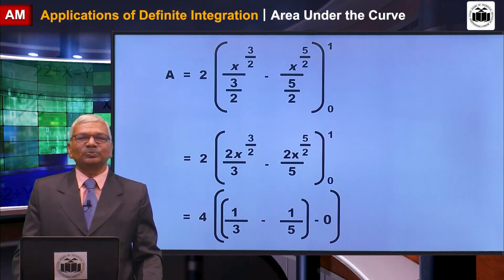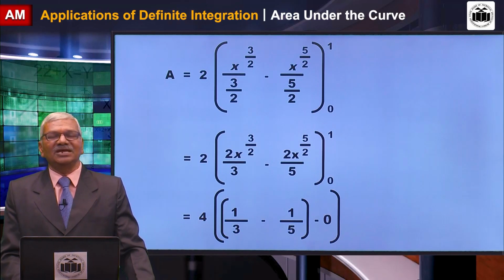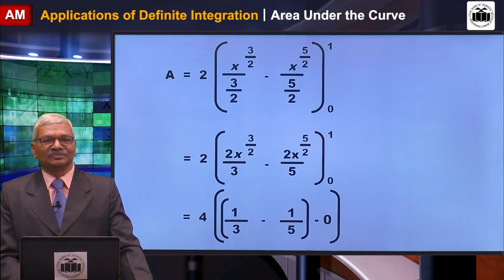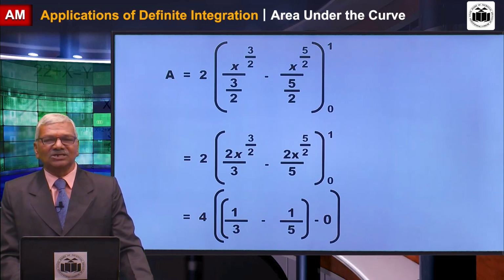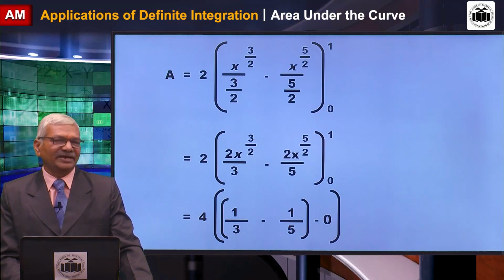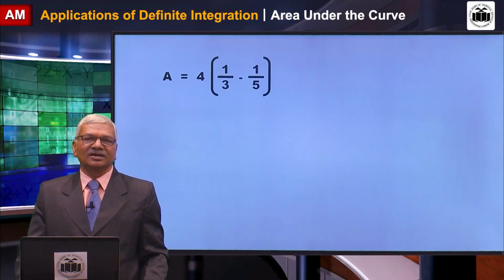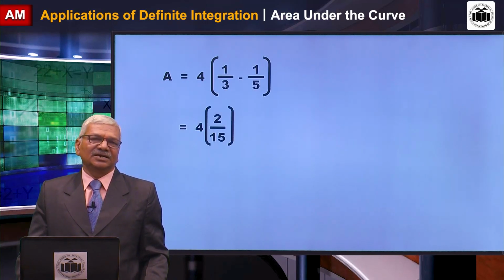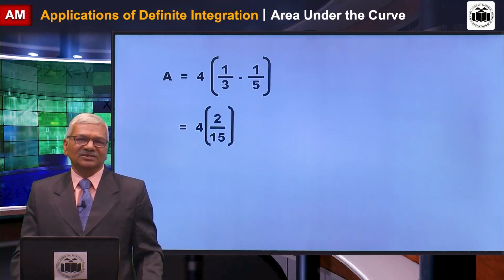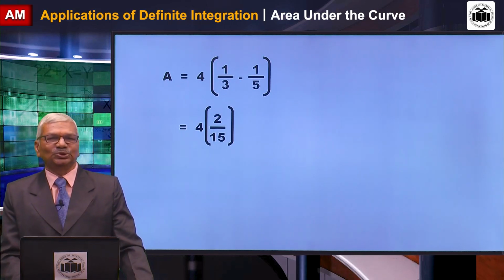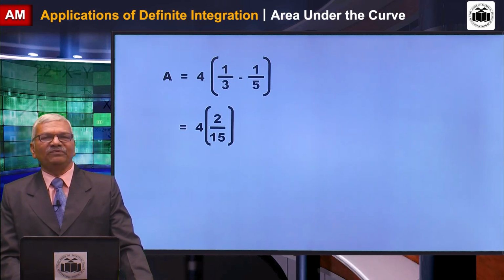So students, what is our experience? Many students fail to find 1 by 3 minus 1 by 5. Simply apply the knowledge of secondary school and get it. So what will you get? LCM is 15, and that is 5 ones are 5 minus 3 ones are 3, 5 minus 3 is 2. That is 4 into 2 by 15. What will it be?